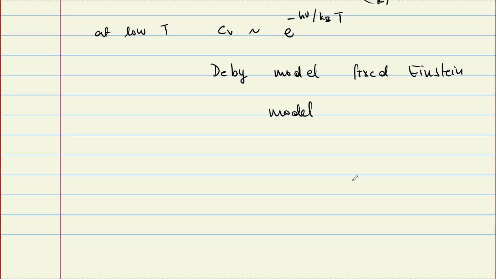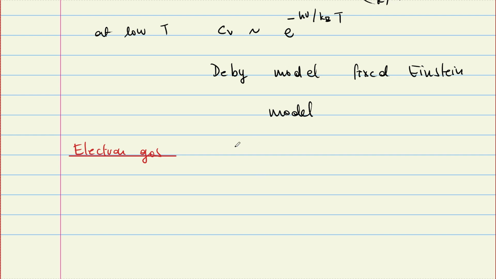Now we considered classical gas, we considered photon gas, we considered phonon gas, and there's also the last piece. Let's consider electron gas, again with quantum mechanics and statistical mechanics.